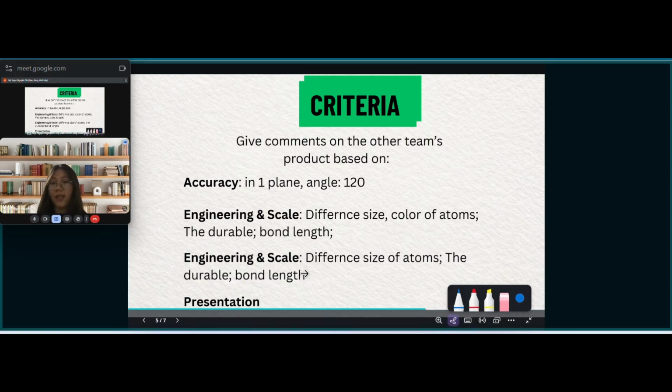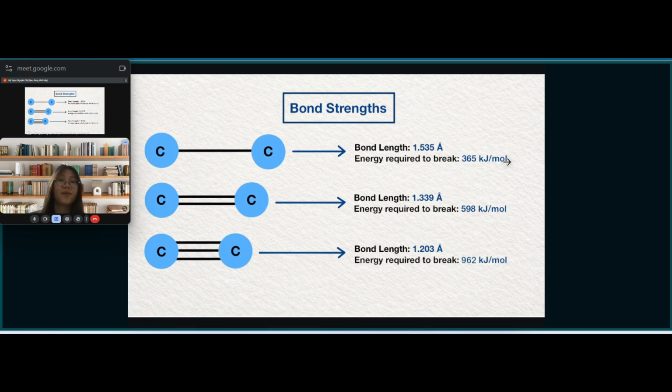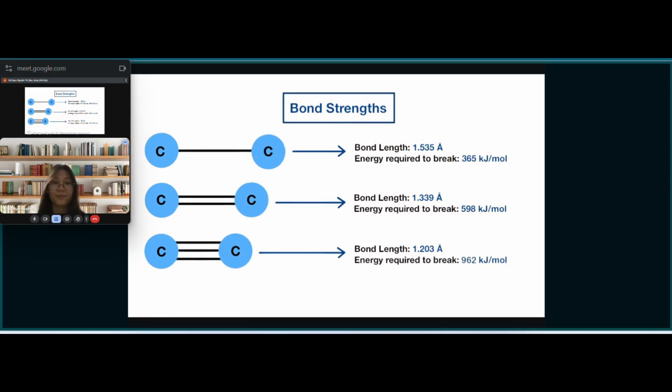It's not really good if your product is really easy to break, right? Because in bonding, you know that it requires really high energy to break it, and it increases as the types of bond increase.